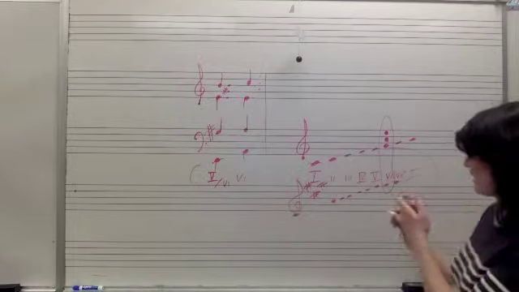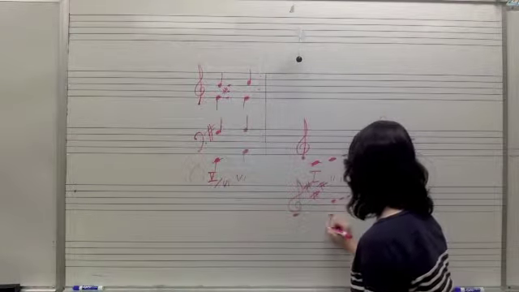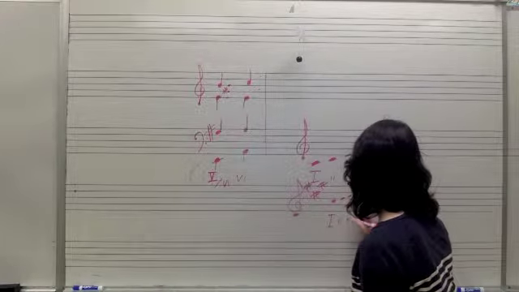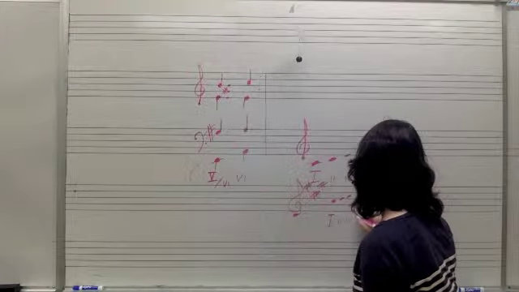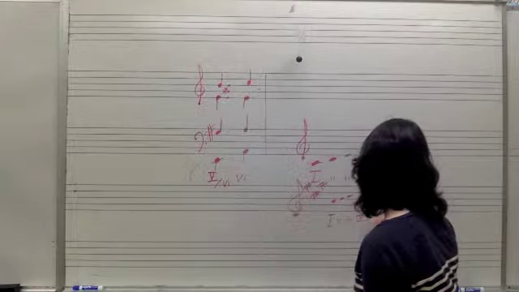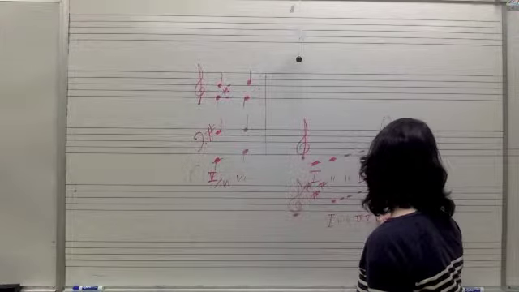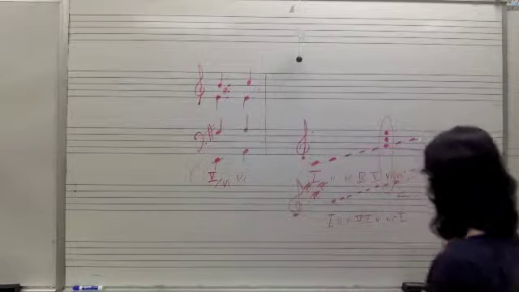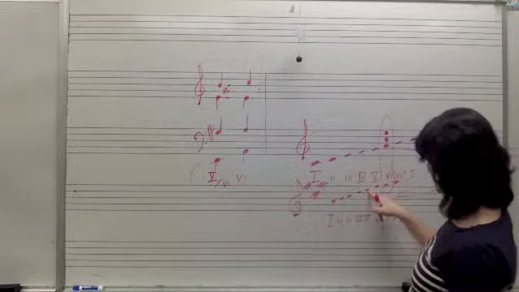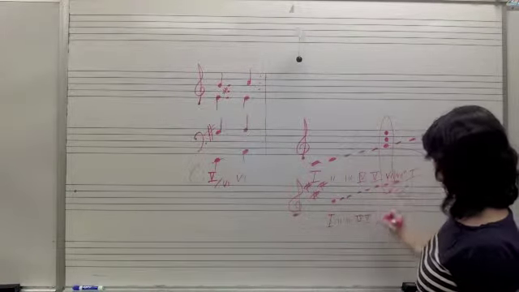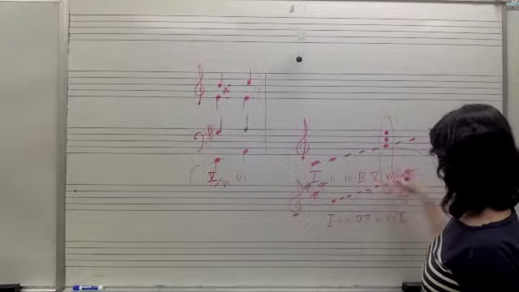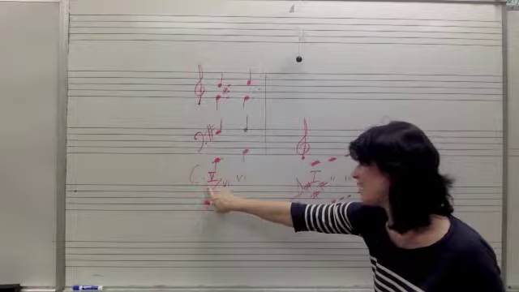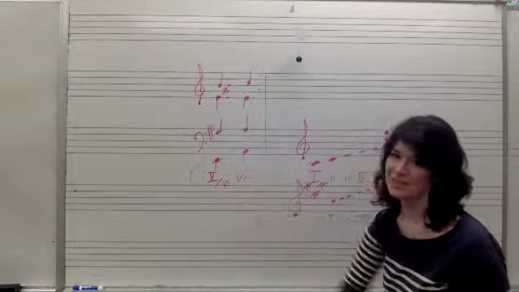And then we go down here, add this in, 1, 2, 3, 4, 5, 6, 7, and 1. And guess what? This E is the 5th of the 6th note in C major. And that's how we end up with something called 5 of 6.